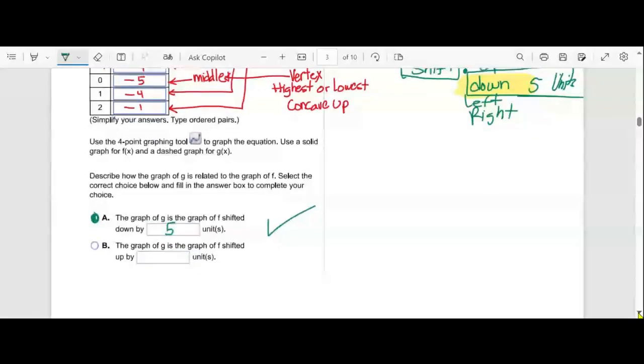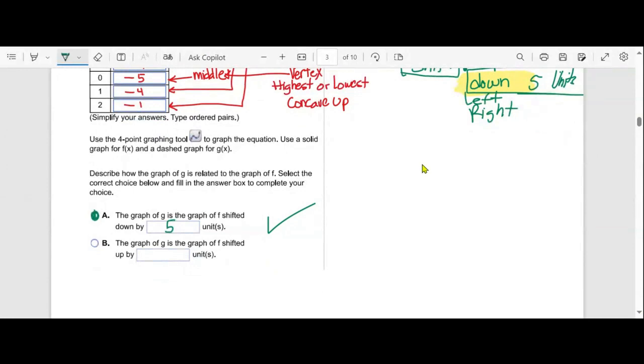Clear, doctor. Remember, if you shift up, then it's going to be +5. If you shift down, it's going to be -5.